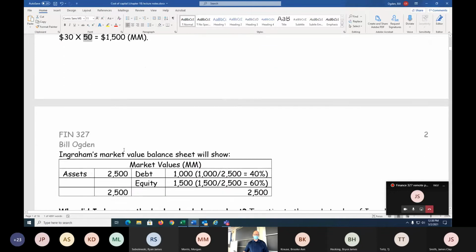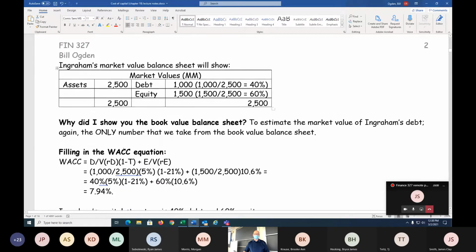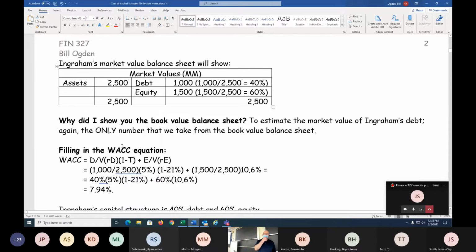Okay, so now you don't need to do this, but I'm just going to restate the debt and equity based on market values. So this is a market value balance sheet. You don't find these, you create these. So the debt, we have 1,000. We took that right from the book, so that's fine. So what do you see here?